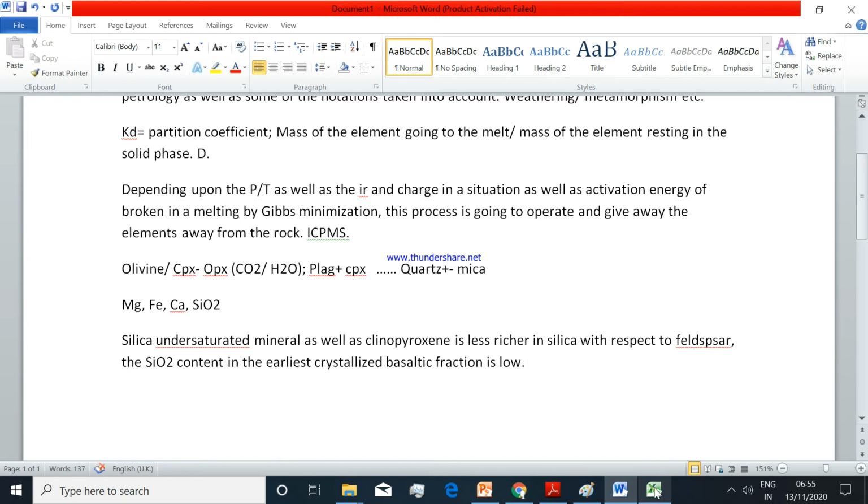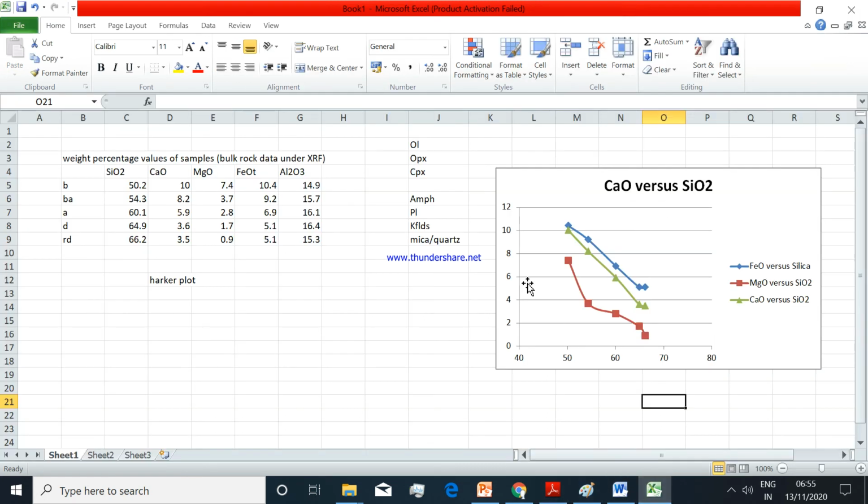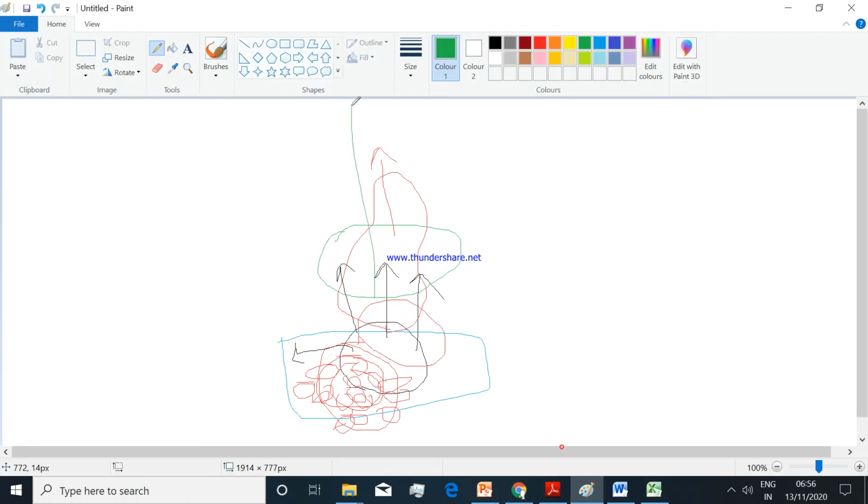On the contrary, the concentration of elements like iron oxide, calcium, magnesium oxide are high. With the crystallization advancing with time, if we see that the crystallization is happening in this direction, and we analyze this chamber and this chamber and this chamber, slowly we will see an increment of the silica content.